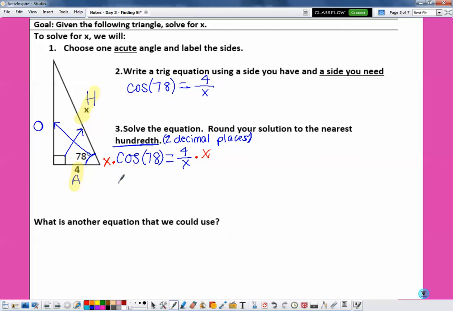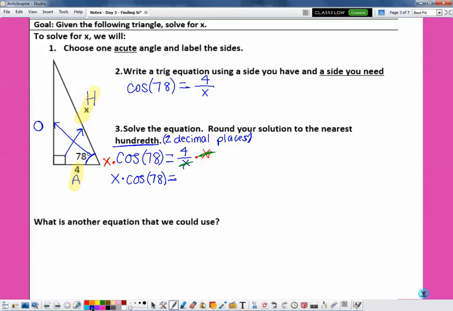So I have x times cosine of 78 equals, these x's would have canceled each other out.